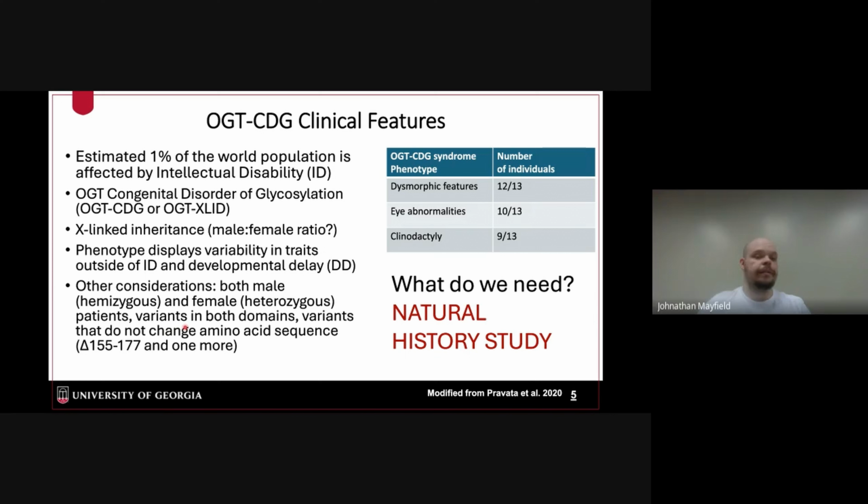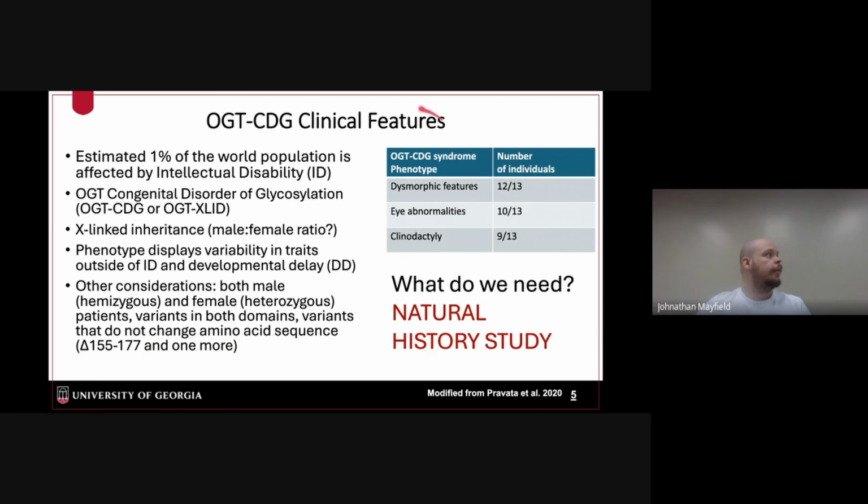We have variants in both domains of OGT, so it's not localized to one area, it's spread across the entire protein. And also, interestingly, we have variants that don't change the actual sequence of the protein. Rather, what happens is the regulation of that gene expression is altered by some mutations outside of what codes for the actual protein.